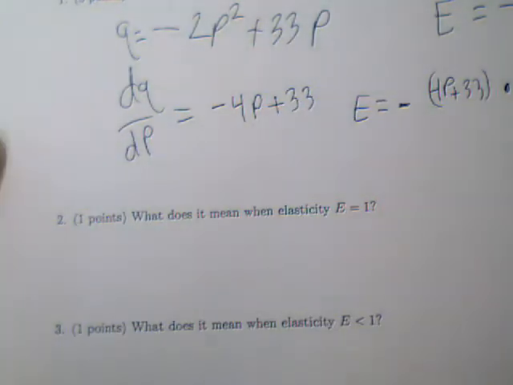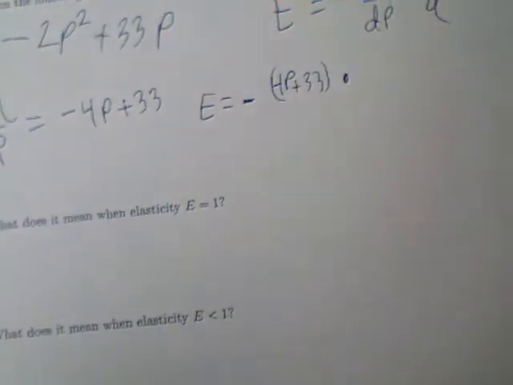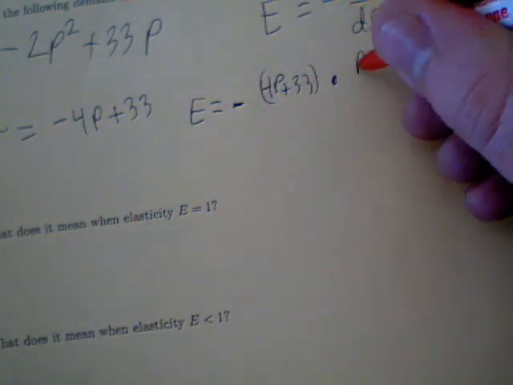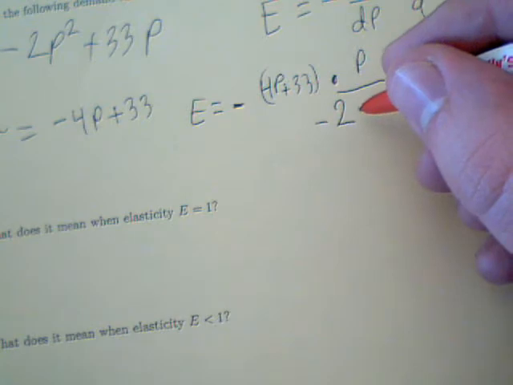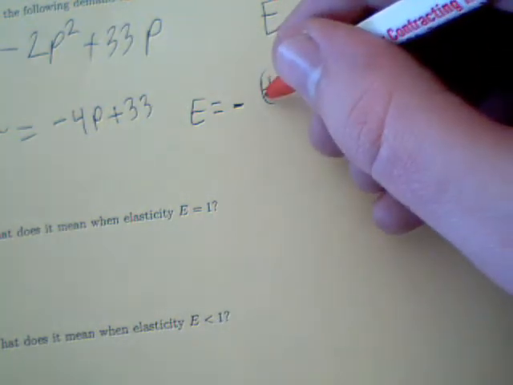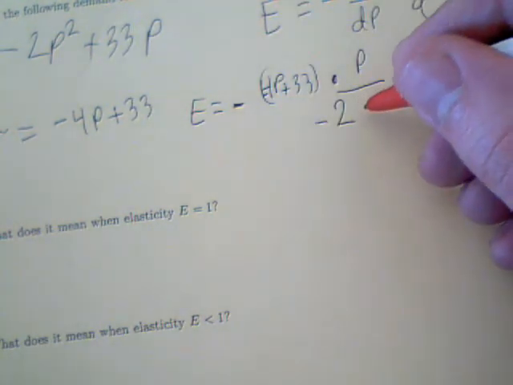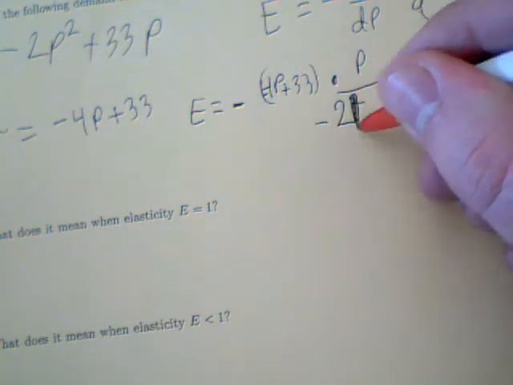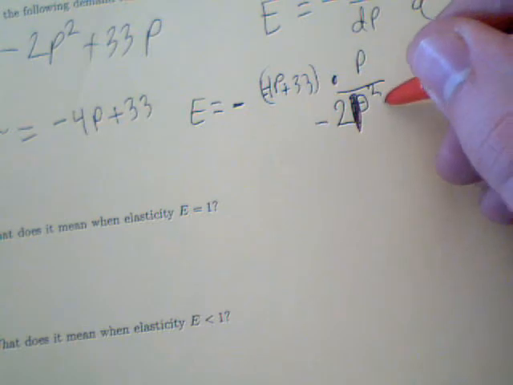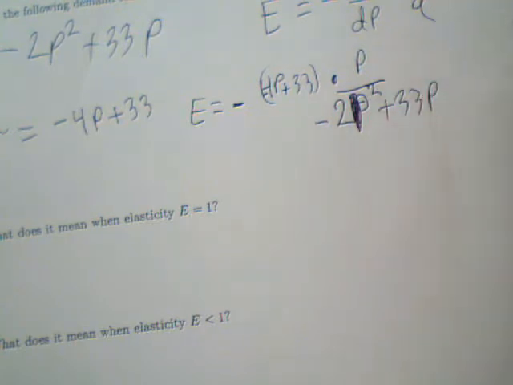times P over, I can substitute Q in for P, was it negative 2P, oops, should be another negative in there, negative 2P squared plus 33P.